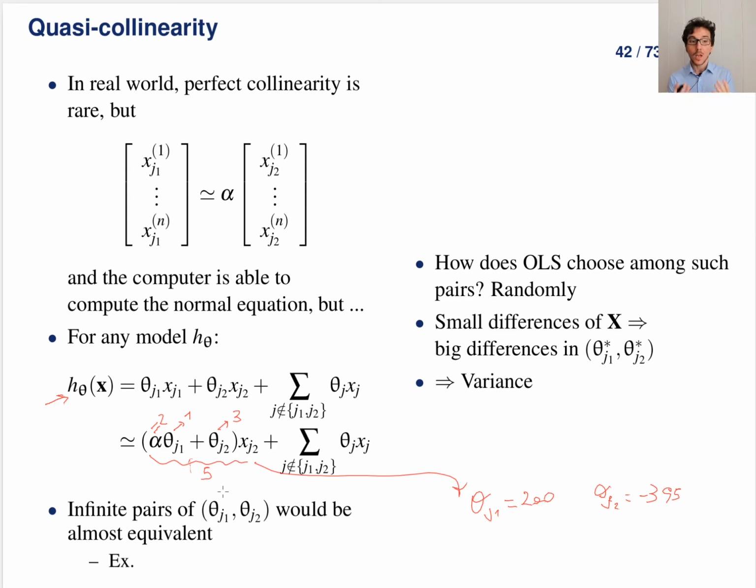almost the same result. So when you compute ordinary least square on a dataset like this, your algorithm may choose the first model or the second model almost in an equivalent way. So it suffices that you vary a bit, a small epsilon, your dataset, and then ordinary least square will choose the other model instead of the first.